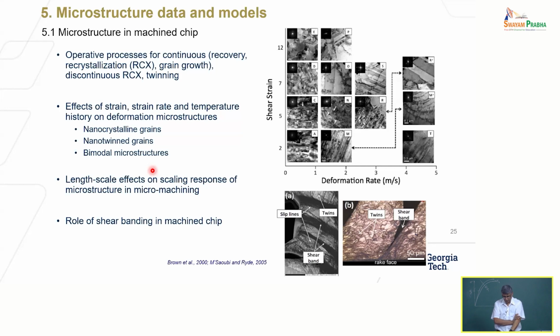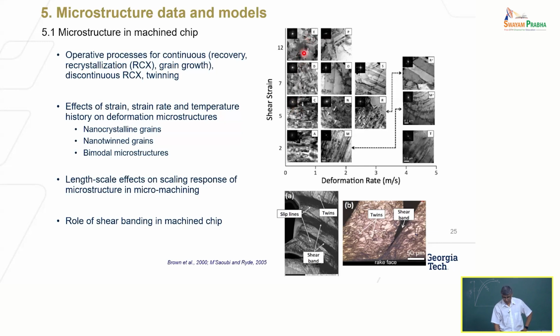People have studied it. What you see on this slide shows a study where they tried to investigate what is happening to the material inside. These are all snapshots of very, very small regions taken using transmission electron microscopy, which is a very time-consuming type of microscopy to do at very small scales.